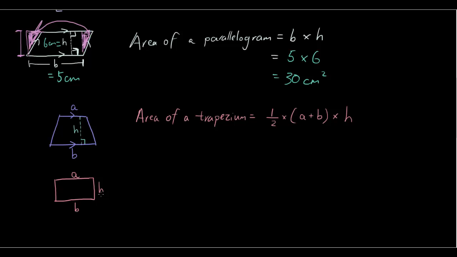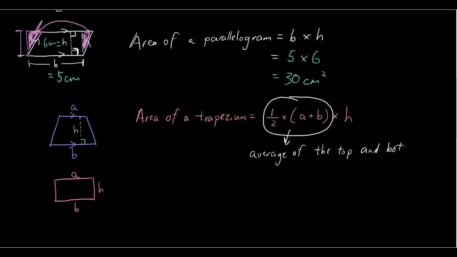Let's say I have two sides A and B and the height for the rectangle. It's essentially the same thing, except in the trapezium A and B are different lengths, whereas in the rectangle A and B are the same lengths. So this first part of the formula for finding the area of a trapezium, this section here, is basically the average of the top and bottom sides.